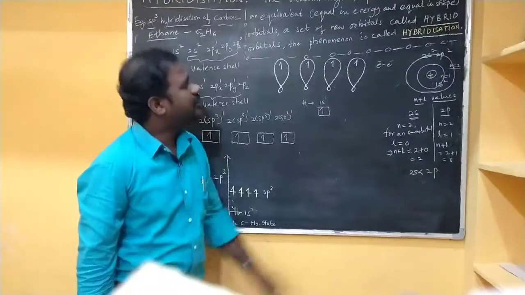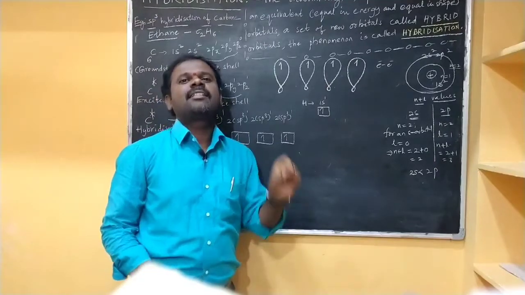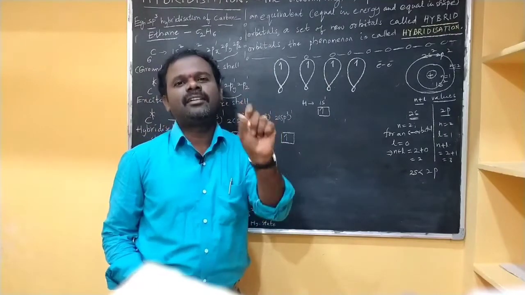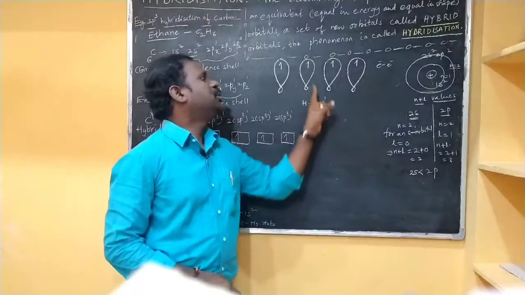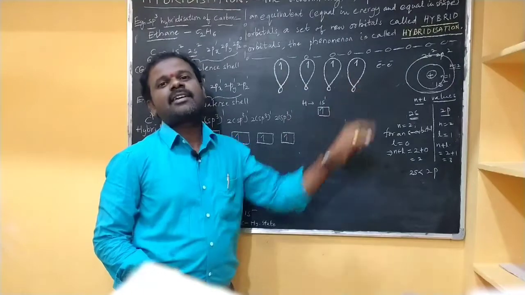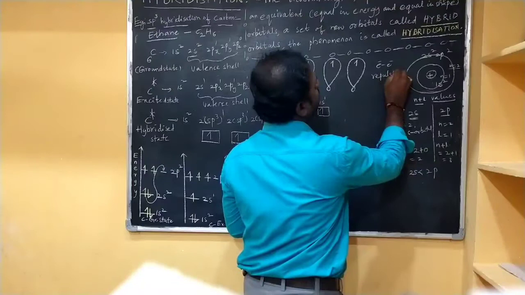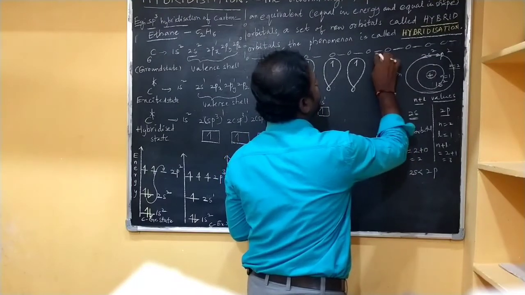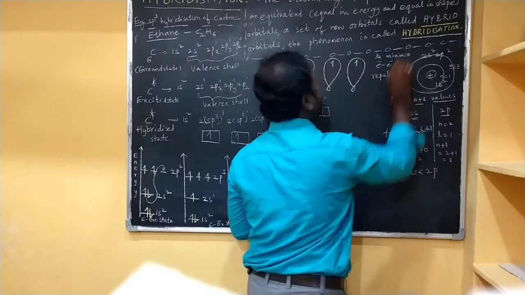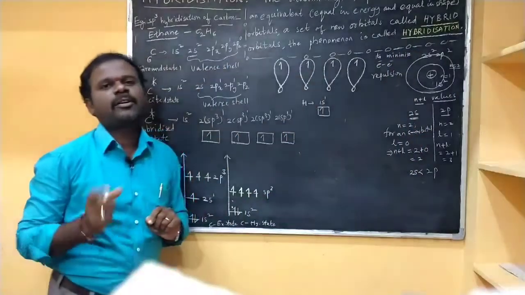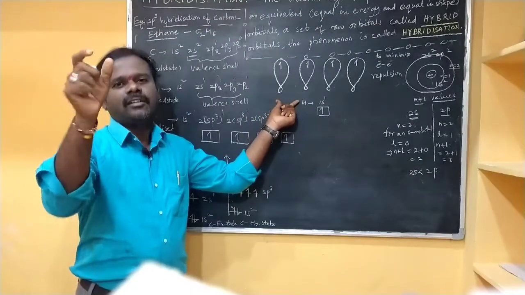So they are arranged tetrahedrally in space to minimize the electron-electron repulsions.